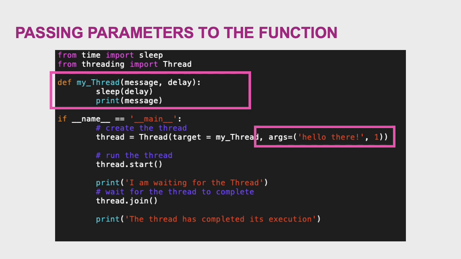So as you can see, the "hello there" string will be passed as message to the myThread function, whereas 1 in the arguments will be passed as the delay in seconds. Everything is the same beside this little difference. So we still have to call the start method and to wait for the thread to complete its execution by calling the join method.